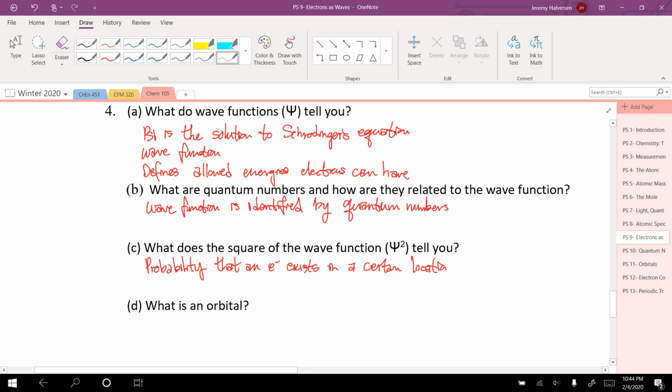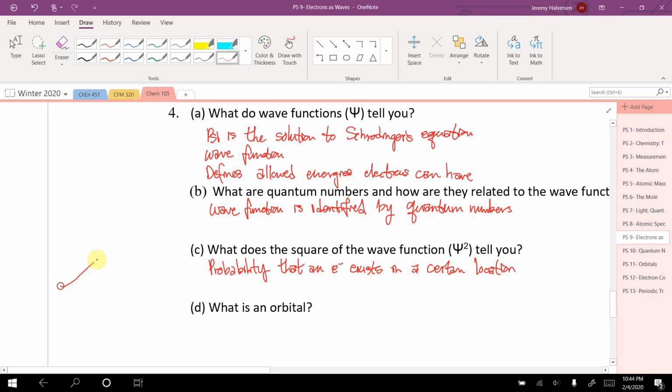So it pretty much gives us a probability density function that says the electron's very likely to be here, less likely to be here. Very similar to a normal curve, let's say we're graphing heights. This will be the average height, and heights out here could exist, but they're very unlikely. Heights down here could exist, but they're very unlikely. Same thing, we're saying the electron is probably here, could be here, but it's unlikely. That's what psi squared gives us.